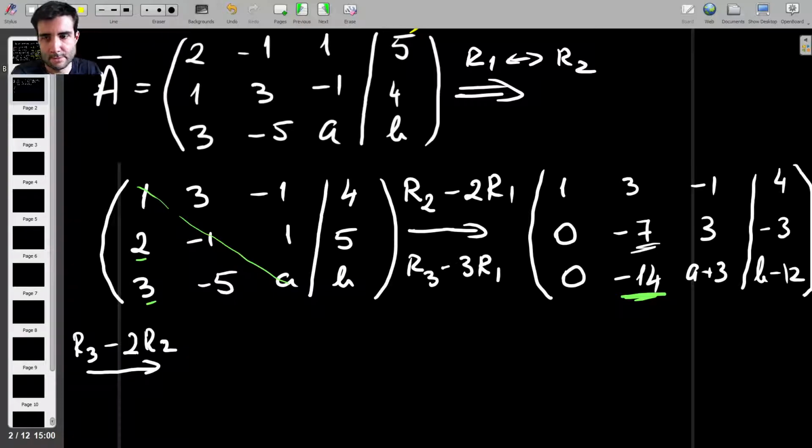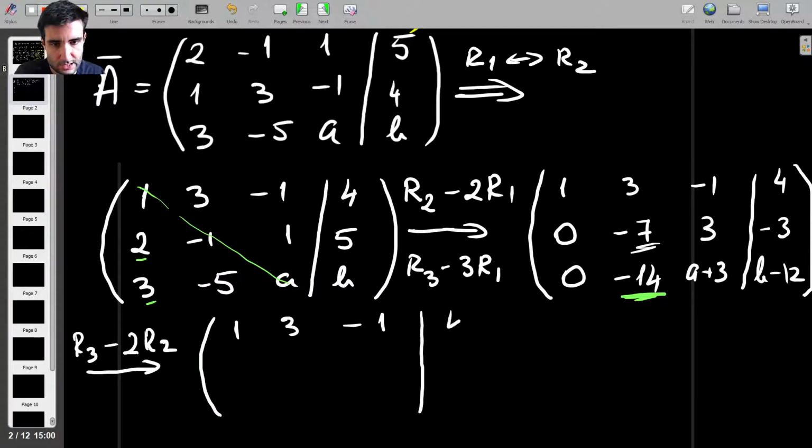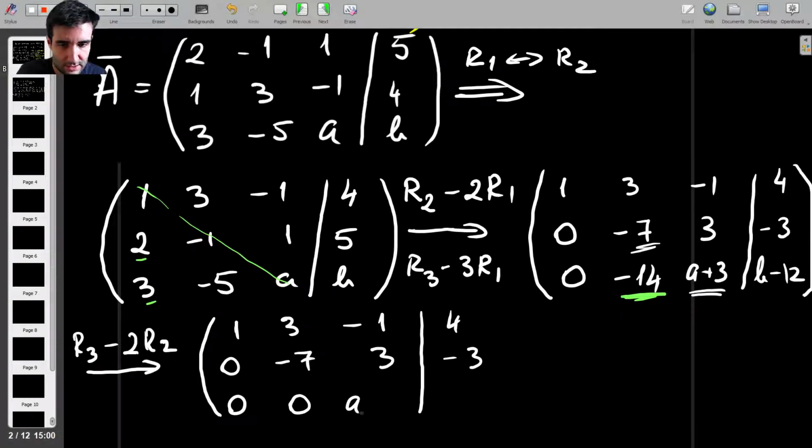So we'll end up with 1, 3, minus 1, and 4, of course, and then we have 0, minus 7, and 3, and minus 3, and then we have 0, we have 0 again. And then this will become a plus 3 minus 6, which is a minus 3, and then this is b minus 12 plus 6, which is b minus 6.